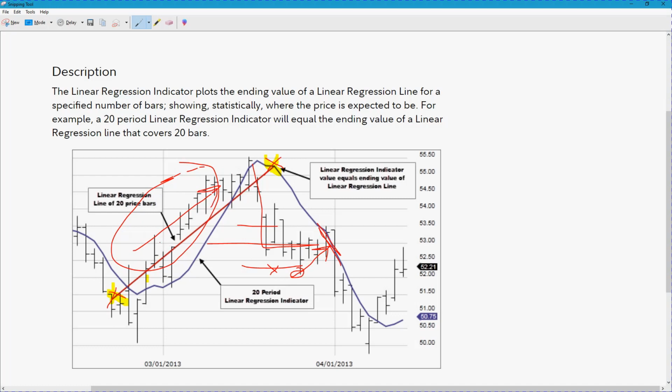So if the bars are closing above this linear regression line, you want to be going long. If it breaks below the line, let me take all this off so that you can see. If you're trading below the line, you want to go short.